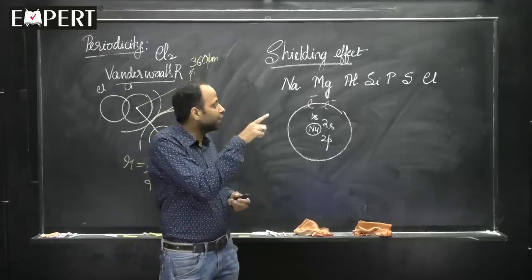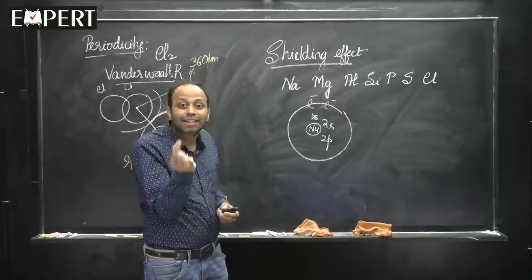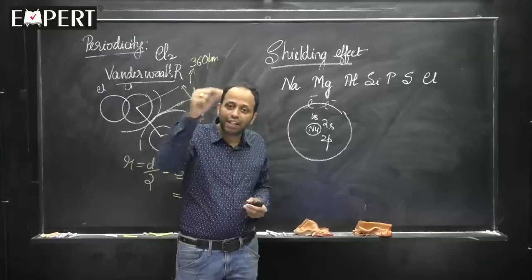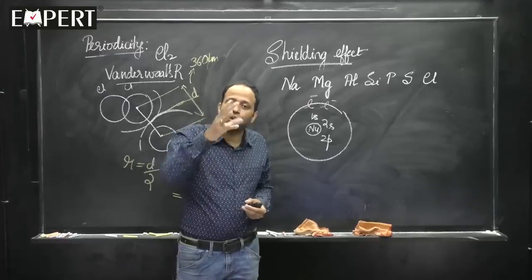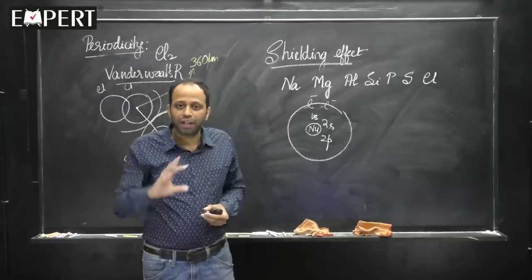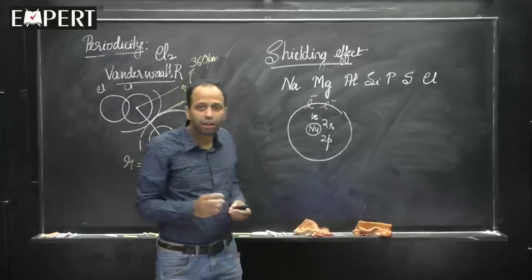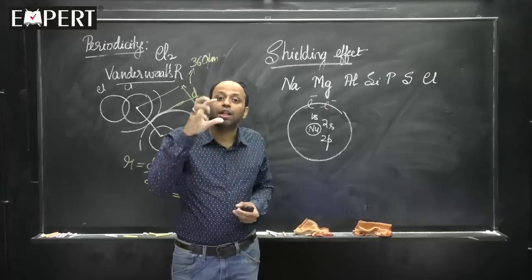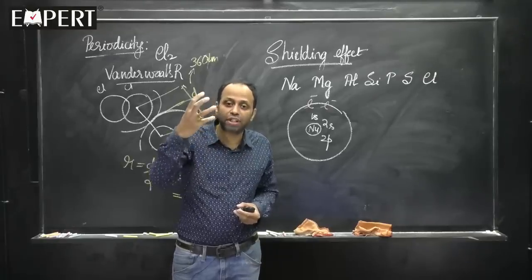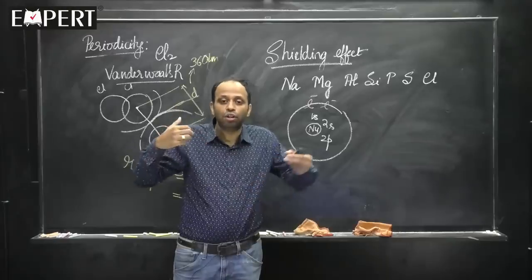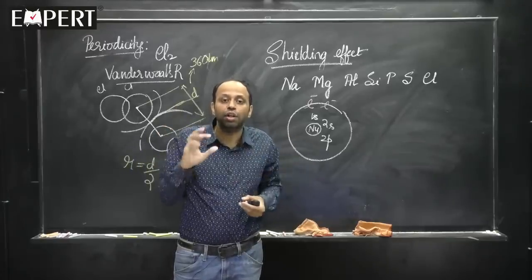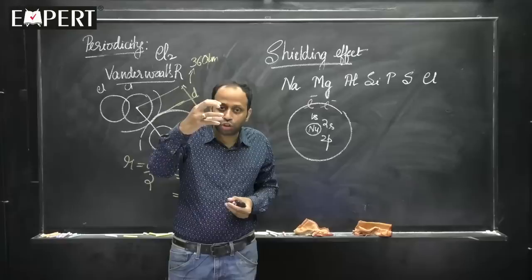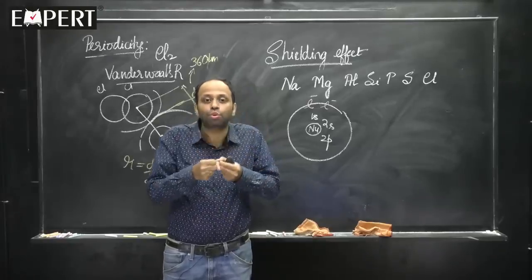See, sodium to magnesium, magnesium to aluminium, the shell to which it is added is the third shell. So, as and when it is added, the distance from the nucleus remains almost the same. The inner electrons are not changing. The number of protons, the positive charge in the nucleus, will increase. So, what will happen to the force of attraction? The force of attraction will also increase. The electrons will come closer because it can attract more strongly.